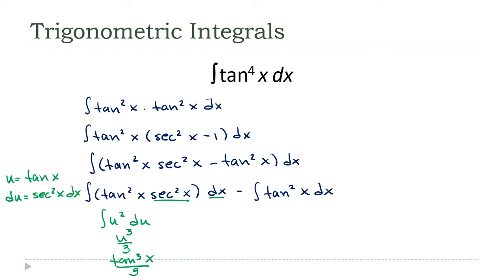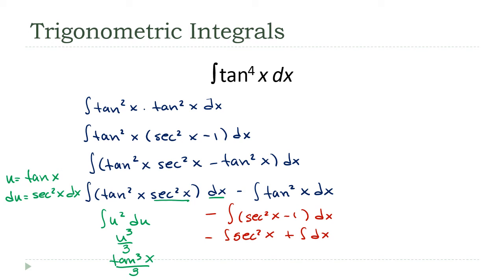Okay, good. Now, how about this part? Well, over here, I'm going to do this trig substitution again: the integral of secant squared x minus 1 dx. All right, let's split this into two integrals. This is minus the integral of secant squared x plus the integral of dx.